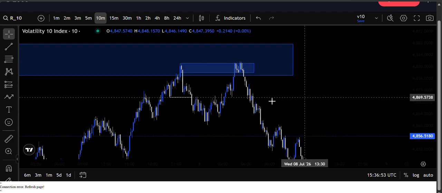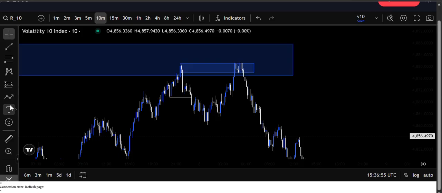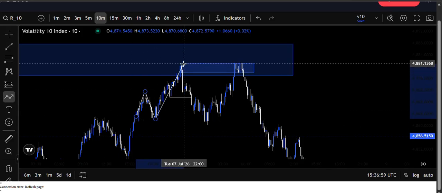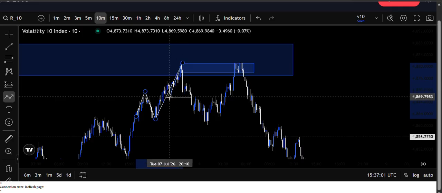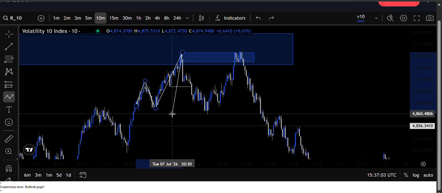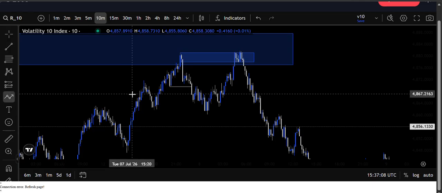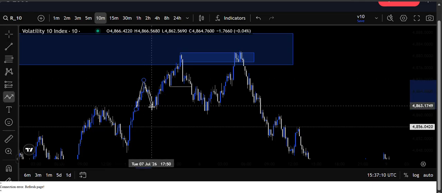So we saw what happened here. Price came in, tapped into our zone, and then this low. Let me do that again. Let me take this out. So we have this high retracement.